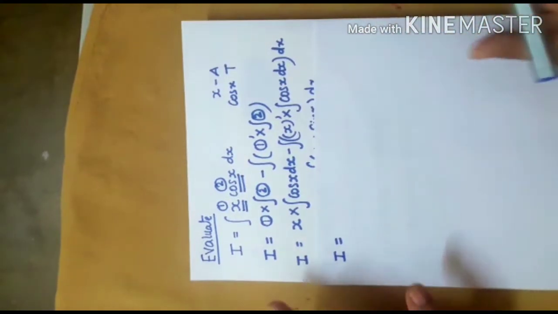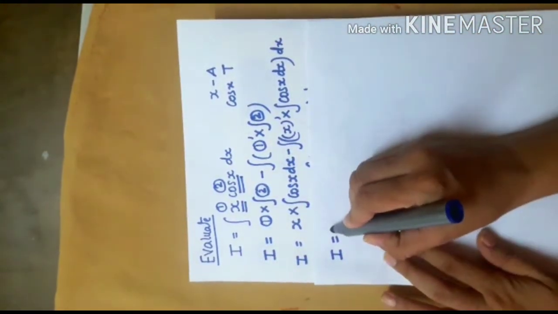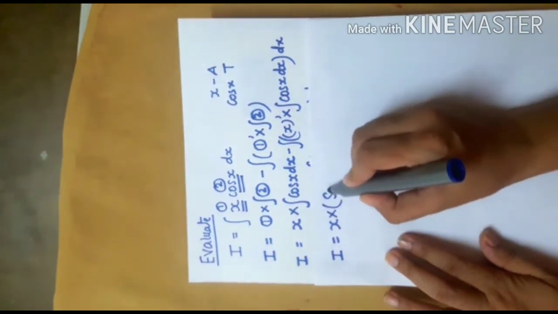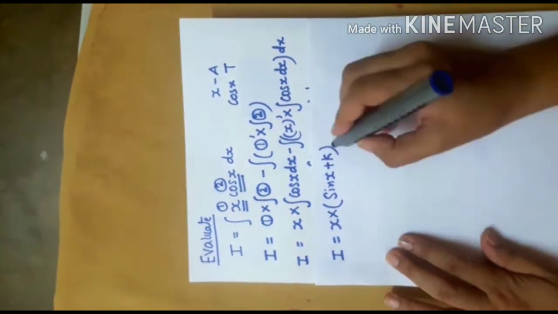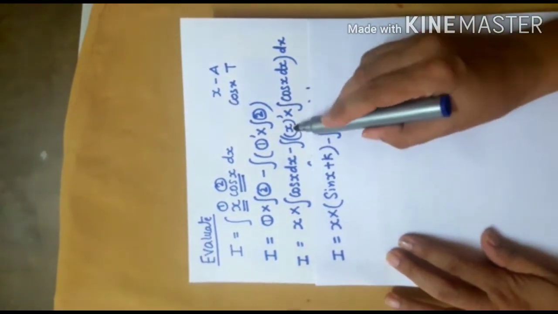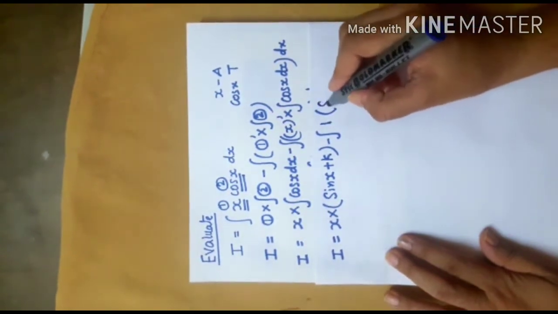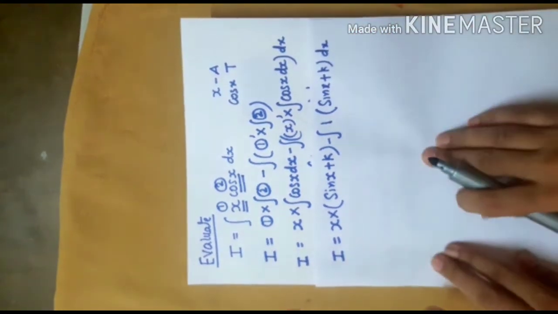Now look here. If I add the constant of integration here, what do I get? x into integral of cos x is, say, sin x plus k, minus integral of derivative of x, which is 1, and here integral of cos x will be sin x plus k, right?